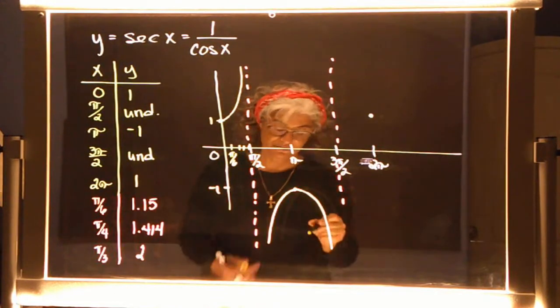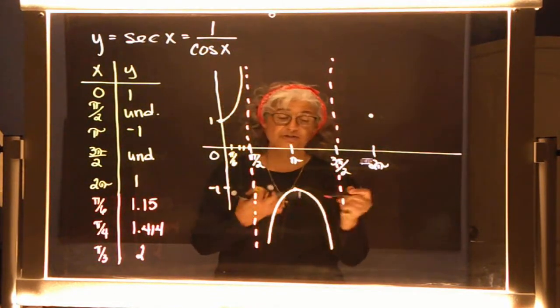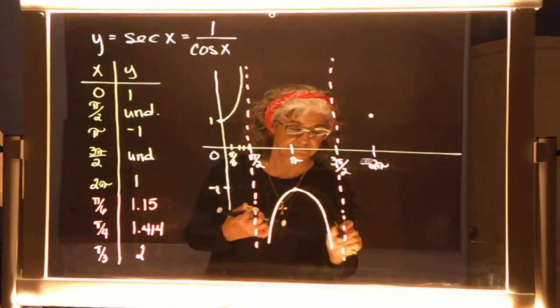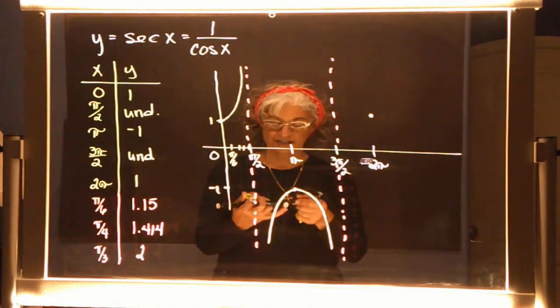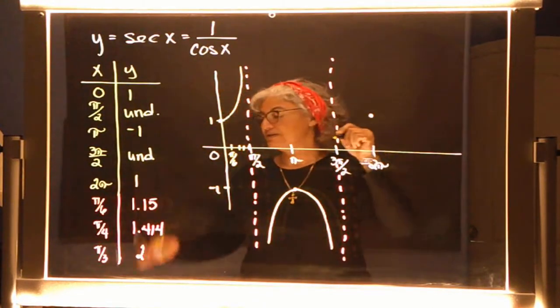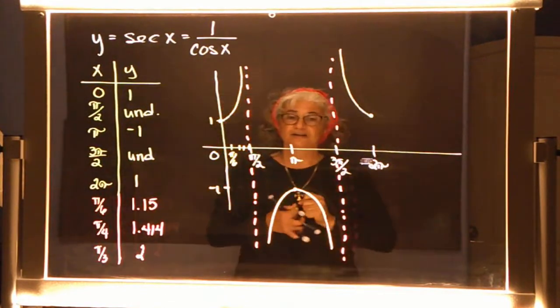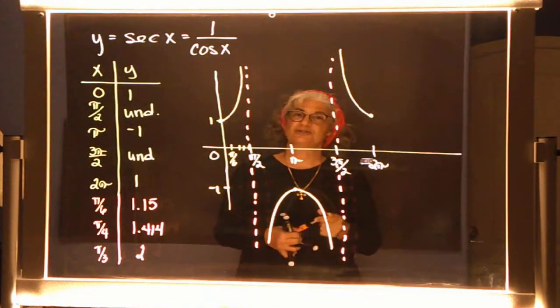Which is why the graph is going to do this. Same values, but they're going to be negative. You can punch it in your calculator, see if you agree. Okay? And then last but not least, quadrant 4, or this fourth interval, they're still the same answers, but they're all positive. So, that's an interesting looking graph, isn't it?